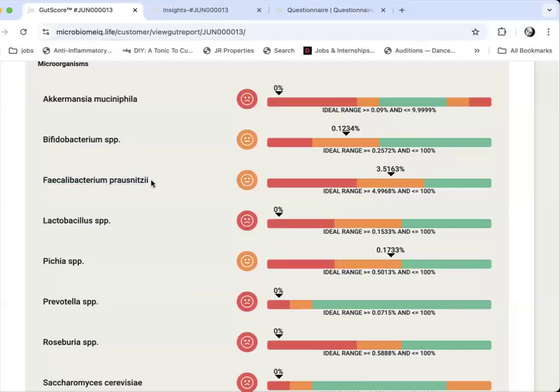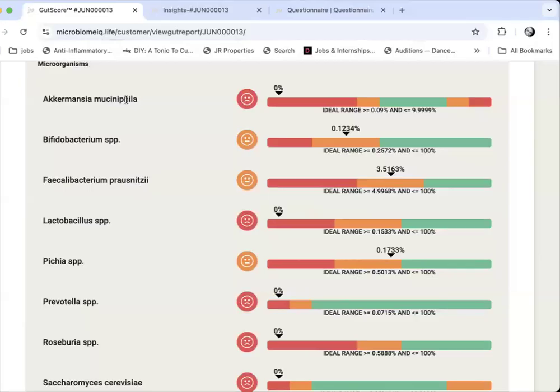Faecalibacterium prausnitzii loves our fructooligosaccharides in the diet. And when Faecalibacterium prausnitzii is happy, usually our Akkermansia muciniphila is happy. So that's kind of an example of how when we feed and boost and support one or a few of these bacteria and fungi that are listed here, we can feed and support the group or the gut as a whole, because some of them feed others.